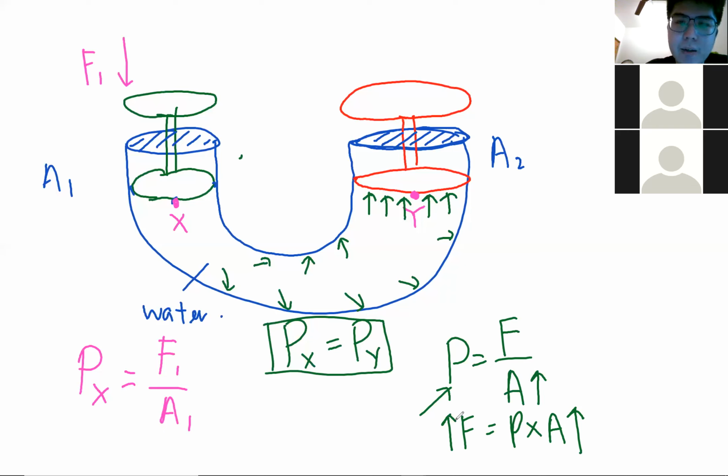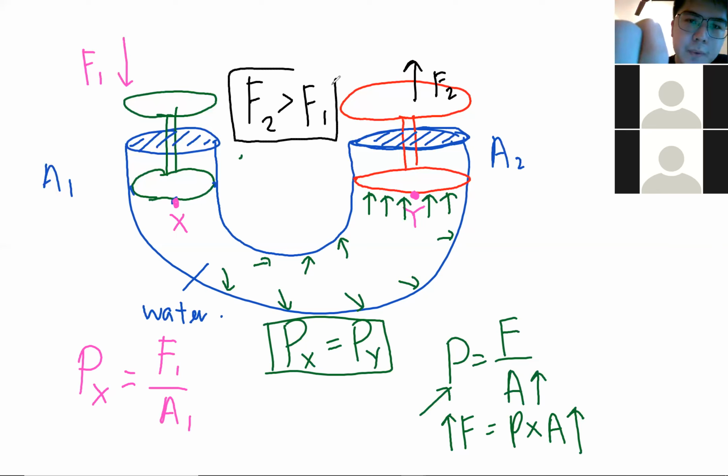So at the right side, as you press down the left piston, pressure is being transmitted. Since the right piston has a bigger surface area, it will exert a greater amount of force. So this is F2 here. F2 is bigger than F1.